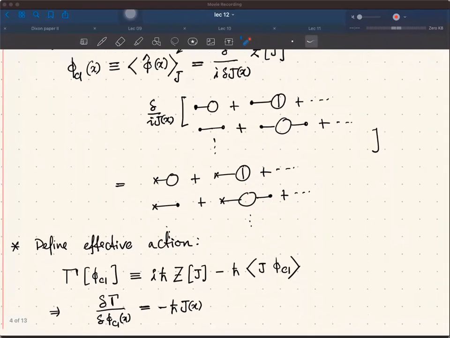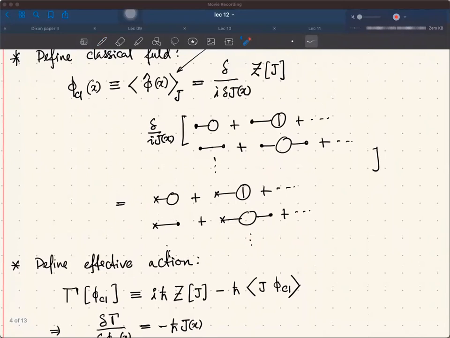Now, if you set J equal to 0, then all this linear order, second order, cubic order terms will vanish. Only this term will remain. This particular expression is for a particular theory, phi cube theory, but the general construction that we are discussing is more general. I mean, it's for any field theory.